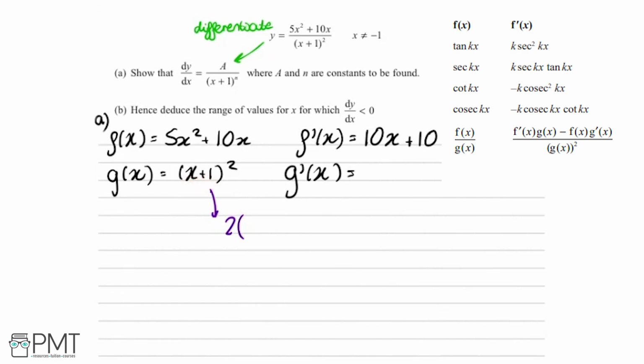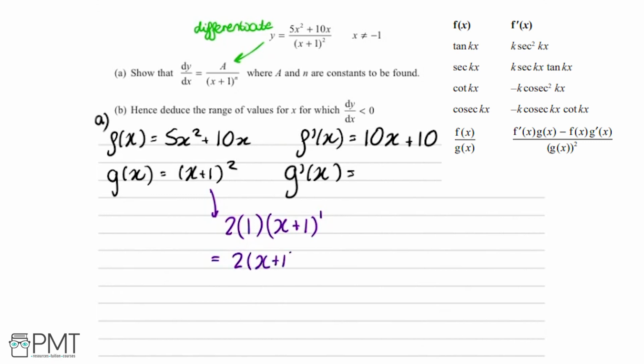Well, the derivative of this is just 1, because the derivative of x is just 1. And a constant, when you differentiate it, just goes. So we've multiplied that by 1. Now the last thing we need to do is multiply that by the whole expression, but take 1 away from the power. So this means you get x plus 1, and 2 take away 1, so you get 1.